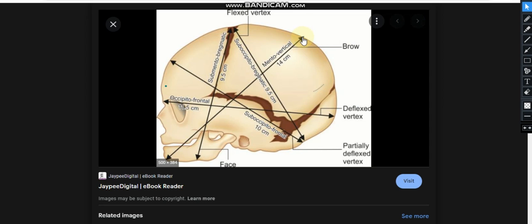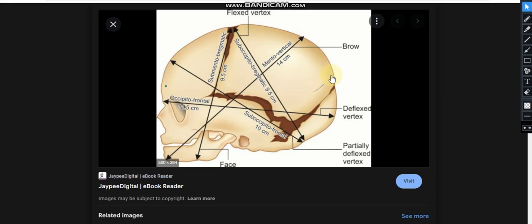So we will go in descending order. Number one is the mento-vertical. Even while seeing it, you can rule out that it is the longest diameter. This one is the longest one. So we will start from 14 centimeters.